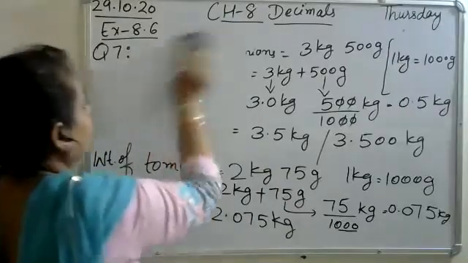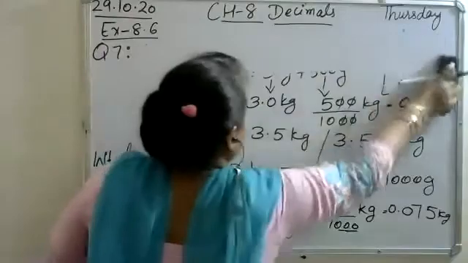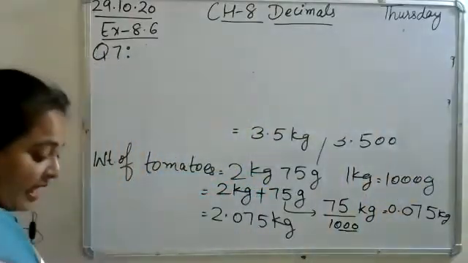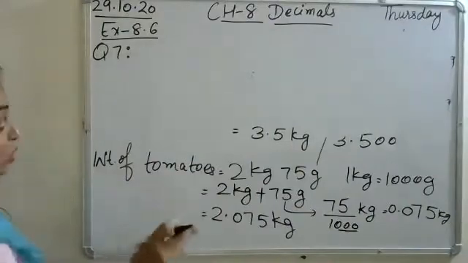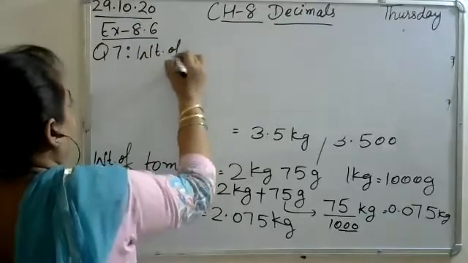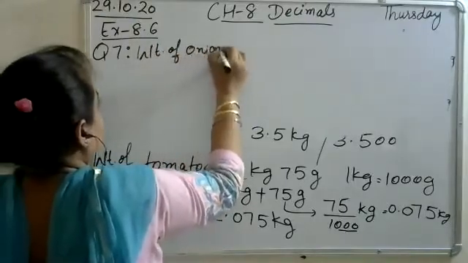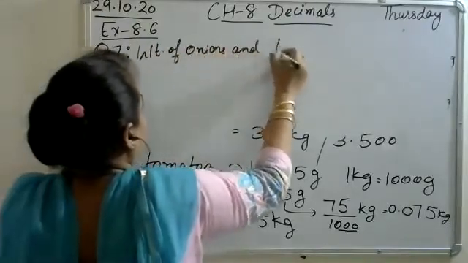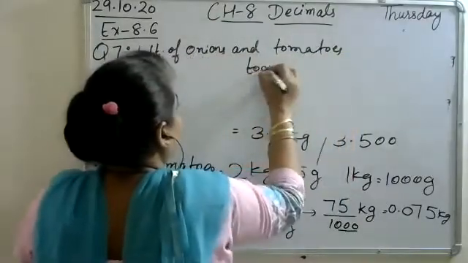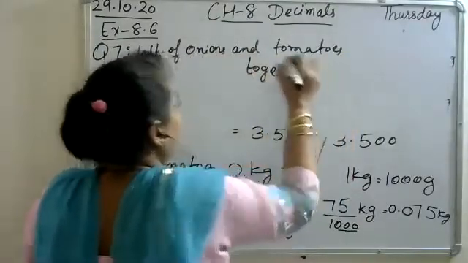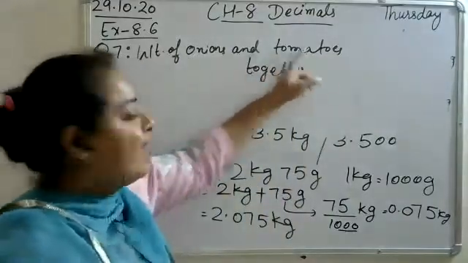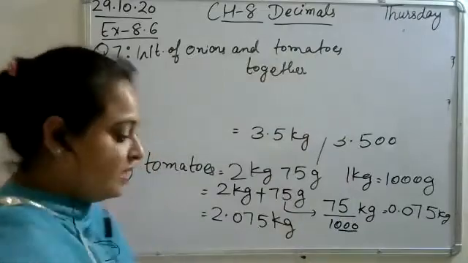Ma'am, we will write weight of potatoes. First of all, weight of onions and tomatoes together. Or you can also write this as total weight of onions and tomatoes. Both are correct.